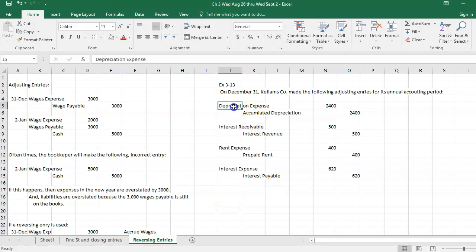Okay, so the first one, should we reverse this first adjusting entry? All right, no. Don't reverse this one because nothing will be recorded with respect to it next in the new year.